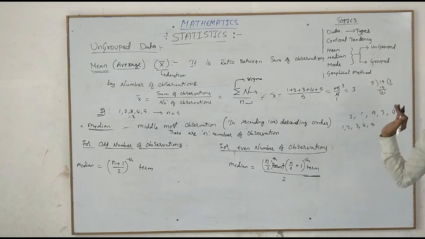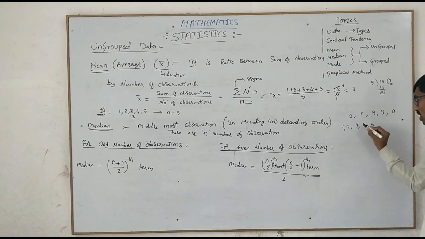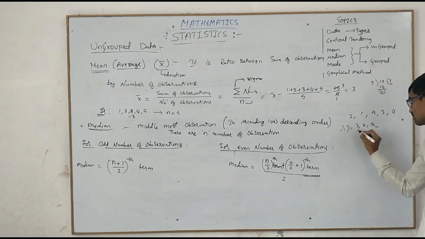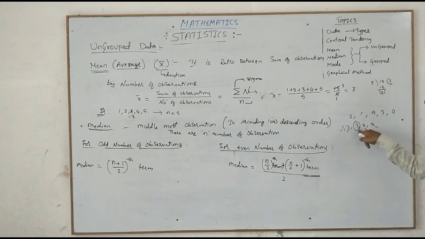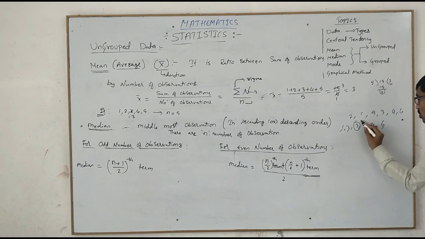What do we get in the middle? Cancelling from both sides, exactly in the middle I get 3. How many observations are there? 1, 2, 3, 4, 5, so there is an odd number of observations. If I take one more observation as 6, then in the middle I will get 2 observations, that is 3 and 4.